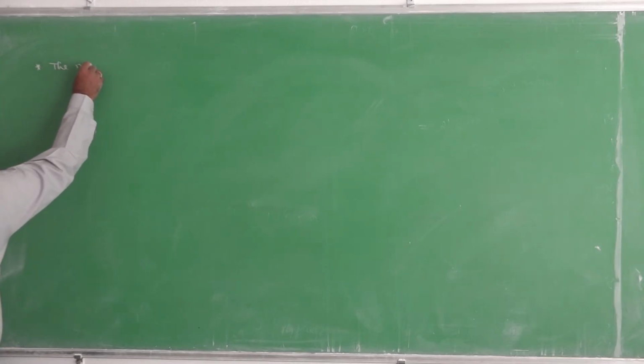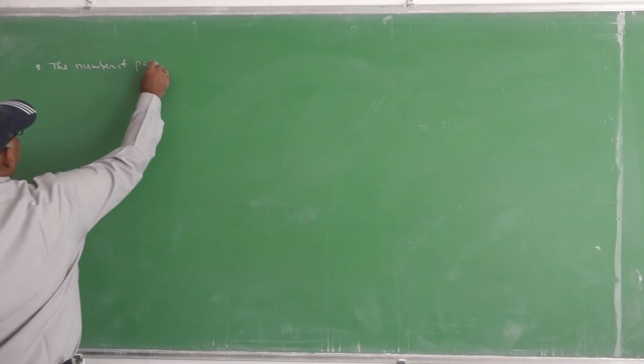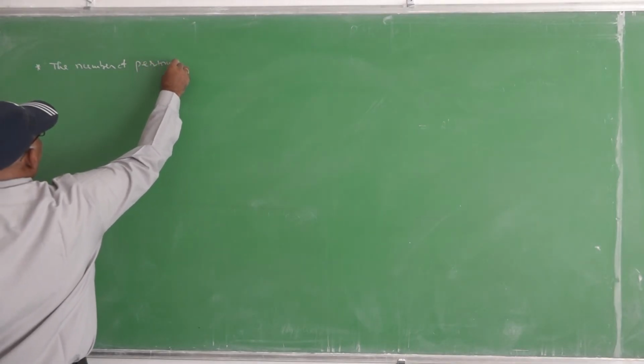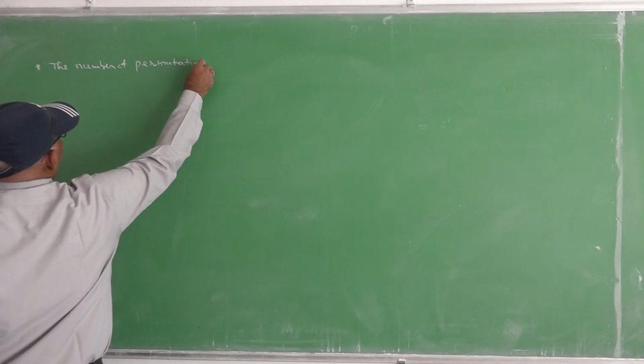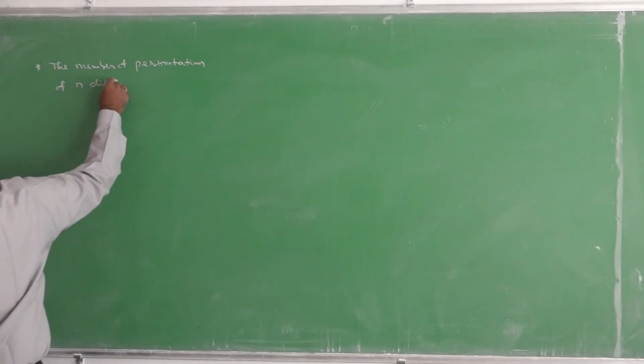Next point. When repetition is allowed, the number of permutations of n dissimilar things.